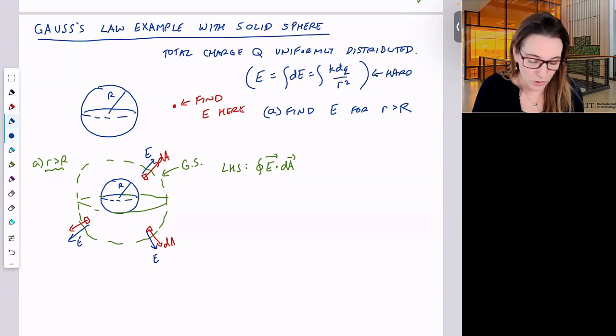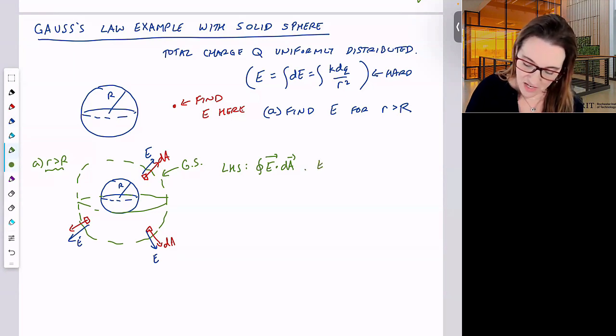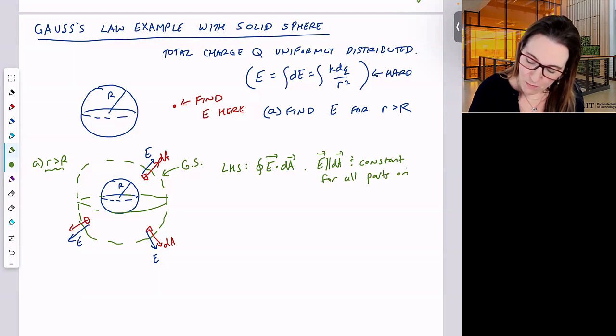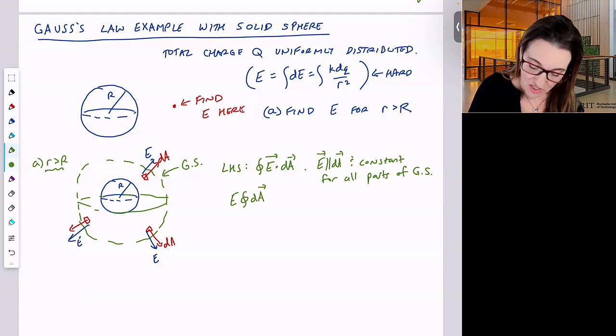So I can go through these same ideas where I say on the left-hand side that E is parallel to dA and constant for all parts of my Gaussian surface. And so I end up with just E times the sum over the whole closed surface of dA.